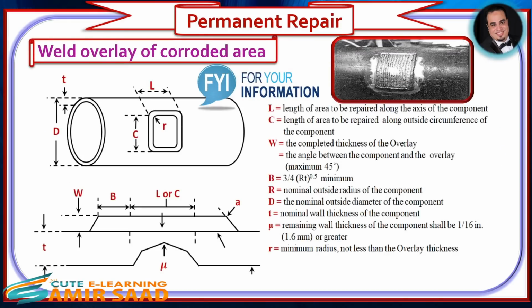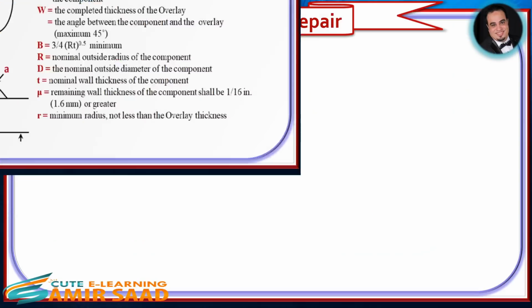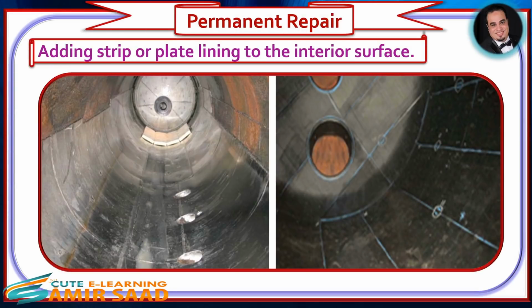For example, as illustrated in the figures, weld overlay of corroded area. For example, as illustrated in the figures, adding strip or plate lining to the interior surface.